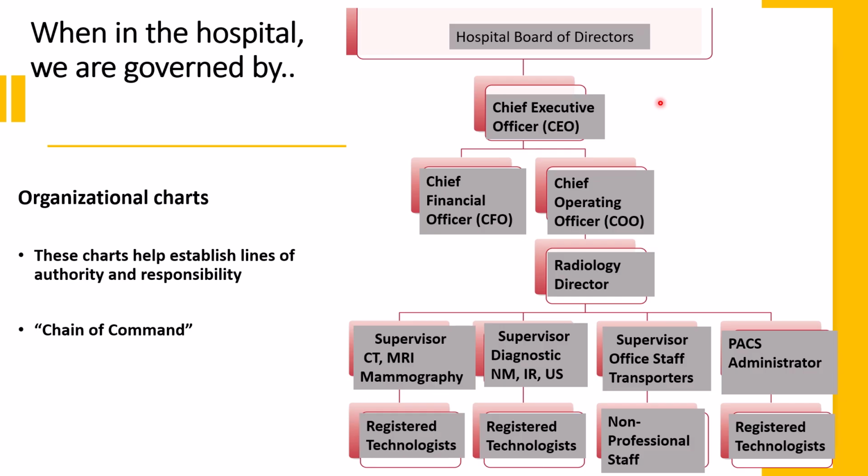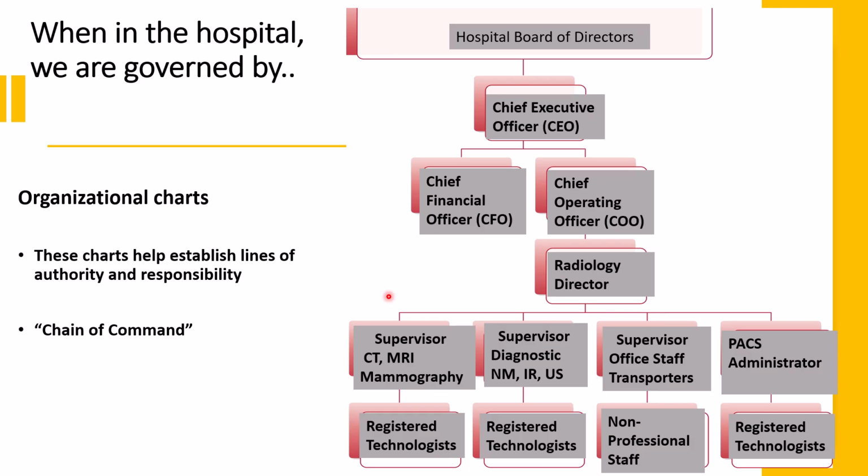Then if we skip down, each department, I've just gone to radiology, but each department would also have a director or a supervisor. So if we have the director of radiology, and I've just listed some here as your book did, there may be other divisions, but the radiology director may be over all imaging services, and there might be a supervisor over CT, MRI, and mammography. Herman Hospital inpatient does not have mammography. Their MRI supervisor is just over MRI.